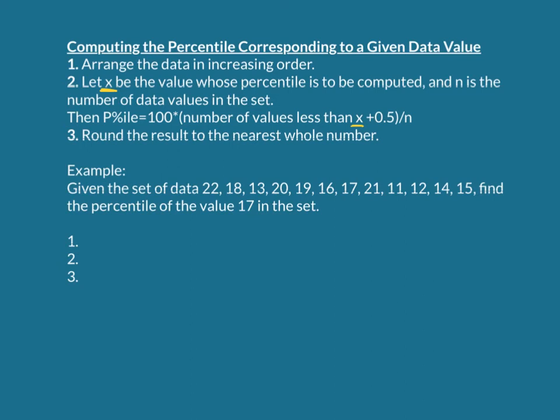So here's a given set of data: 22, 18, 13, 20, 19, 16, 17, 21, 11, 12, 14, 15. And we're asked to find the percentile of the value 17 in the set. Following our steps, first step, arrange the data in order.